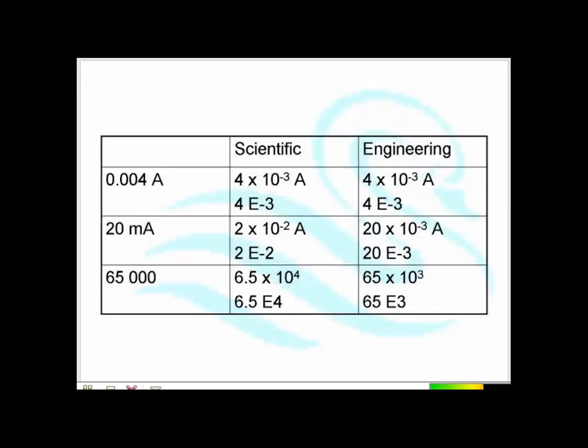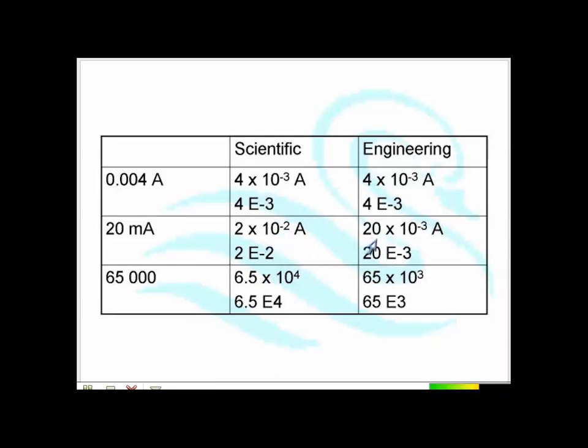So, another example of scientific and engineering notation. If I had 0.004 of an amp, in scientific that would be written 4e to the minus 3, or 4 times 10 to the minus 3, depending on your calculator. In engineering, it would be written the same. Now, if I had 20 milliamps, in scientific that would be written 2 times 10 to the minus 2.